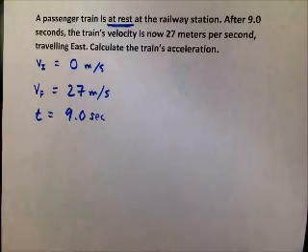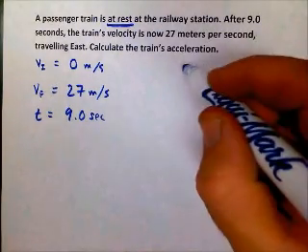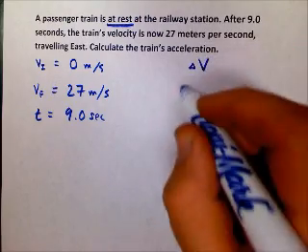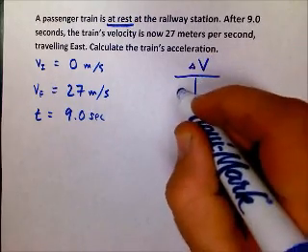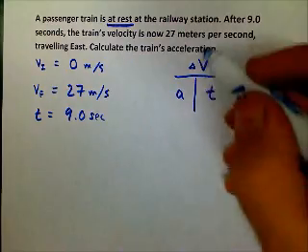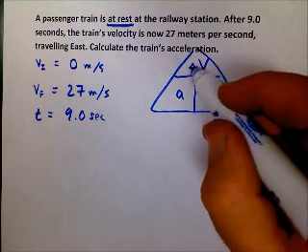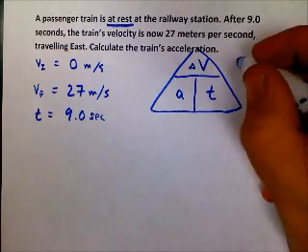And so what we have to do now is we're going to use our triangle, but it's a different triangle than we did before. We're going to have the change in velocity over acceleration and time. Now that little triangle here, that's a symbol that means delta.